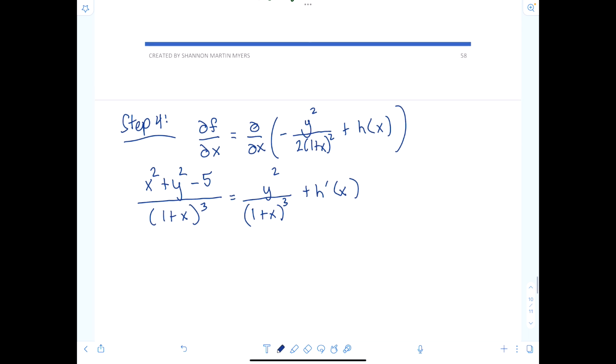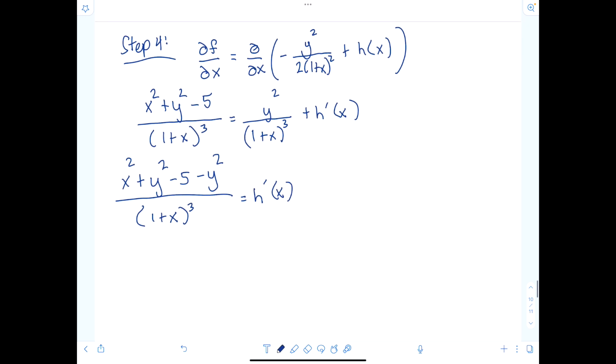Then partially splitting this fraction, I have the same denominator, so I'll have x squared plus y squared minus 5 minus y squared all over 1 plus x, the quantity cubed, is equal to h prime at x. So h prime at x equals x squared minus 5 over 1 plus x, the quantity cubed.